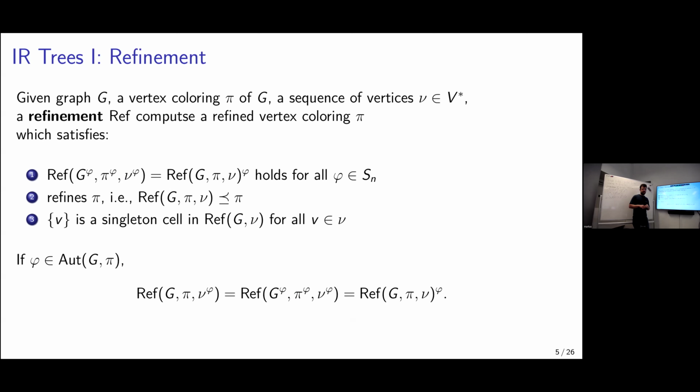Okay, does that make sense? It's a very basic question. So I should think of ref as a coloring, a mapping of vertices to colors. A mapping of a graph, a vertex coloring, and individualized vertices to a coloring. Yeah, the object I get back is basically a map from vertices to colors.